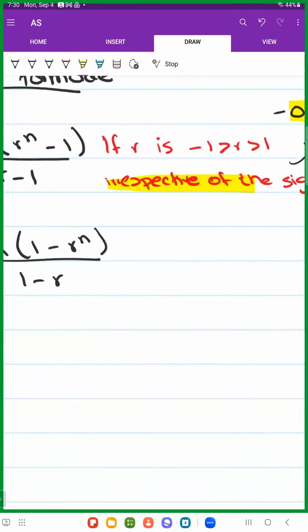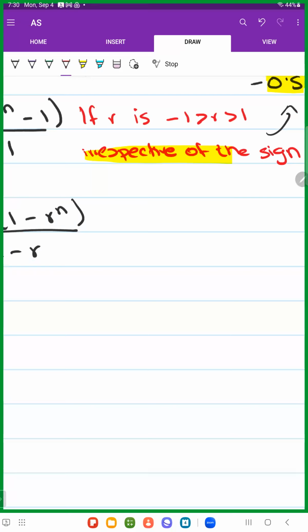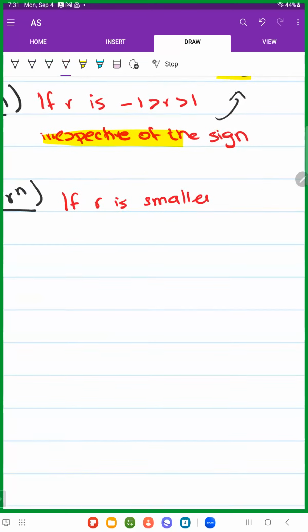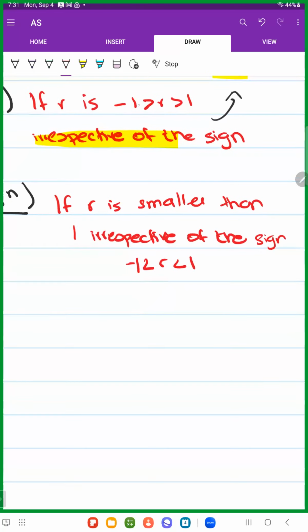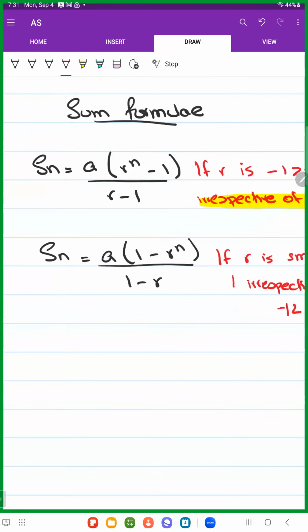Okay. Now, when do we use the second formula? We use it if R is smaller than 1, again irrespective of the sign. This one is used if R is, basically what you need to see is this part.